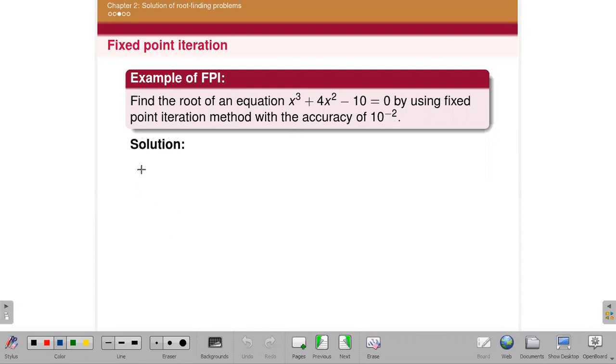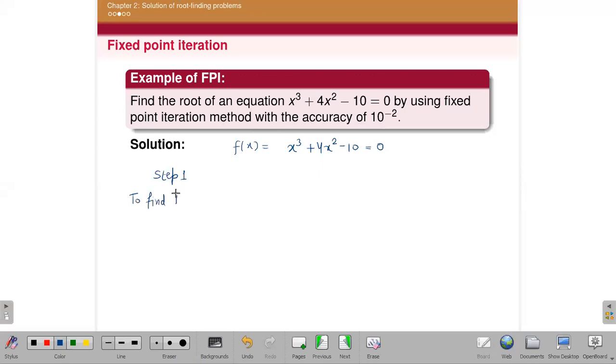First of all, we have the equation f of x is equal to x cube plus 4x square minus 10 equal to 0. Here you can see the interval is not given, so you have to find the interval also. For a root finding problem, you can find the interval from IVT. This will be your first step. If the interval is given, then you can skip the first step of finding the interval.